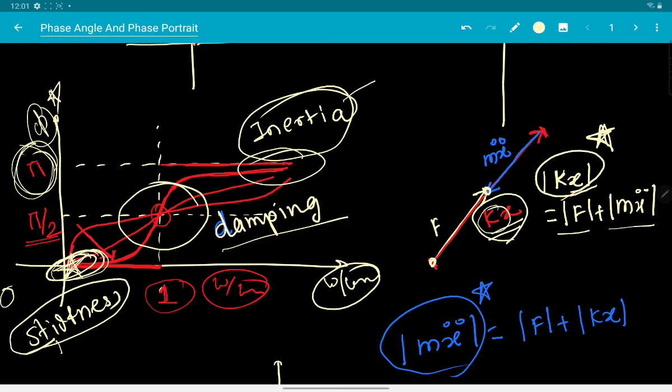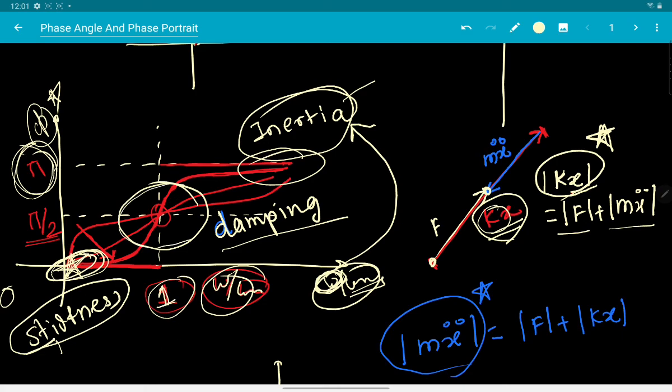If you increase the frequency of the applied forcing considerably in comparison with omega n, the system's behavior will be majorly dominated by inertia, so the inertia force is the governor. When omega by omega n is equal to 1, whatever the damping ratio, the system's behavior is governed by damping.